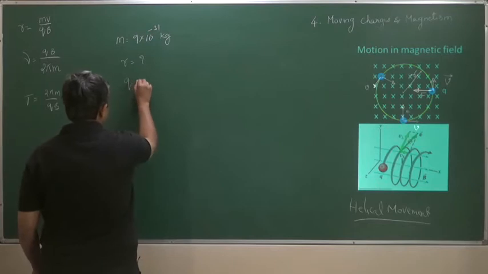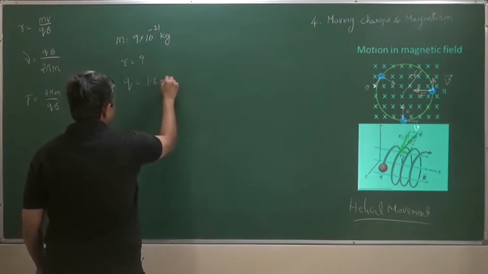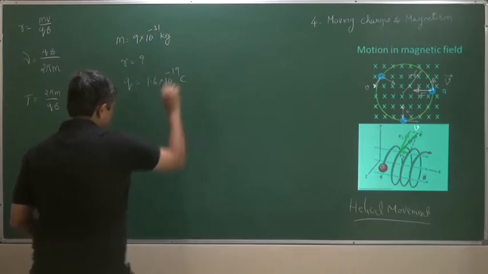We are asked to find out the radius. We always know that the charge of this is 1.6 into 10 to the power of minus 19 coulombs.